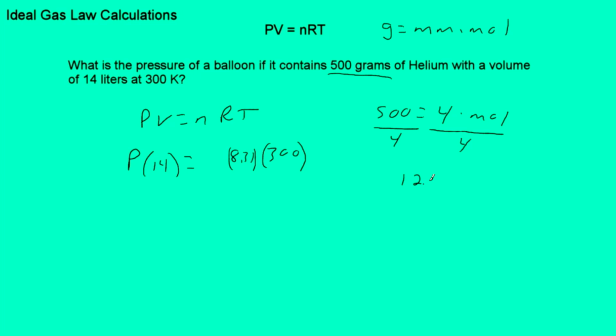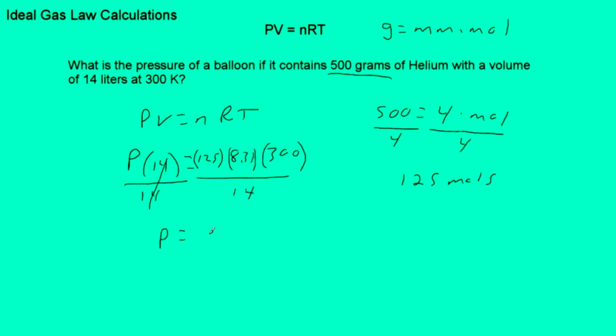We come up with 125 moles. Now we can plug that in over here, 125, and now we can solve for pressure. We're going to divide both sides by 14. P equals 125 times 8.31 times 300 divided by 14.